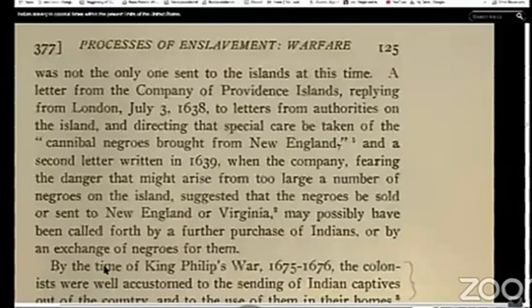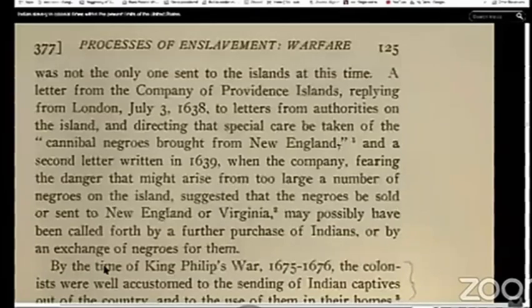They're calling them Negroes now, because now they're in the West Indies, so nobody knows their history. They are dark skinned, so hey, Negroes, right? So again, fearing the danger that might arise from too large a number of Negroes on the island, the company suggested that the Negroes be sold or sent to New England or Virginia.